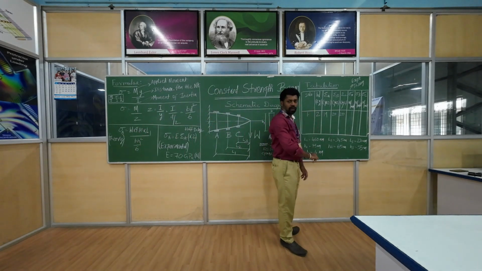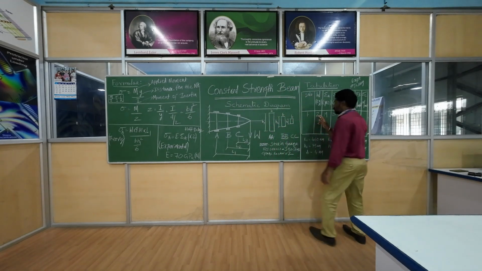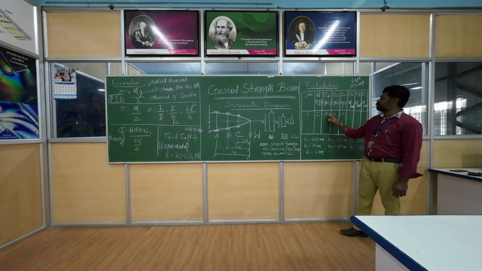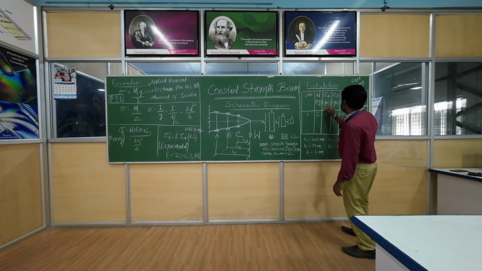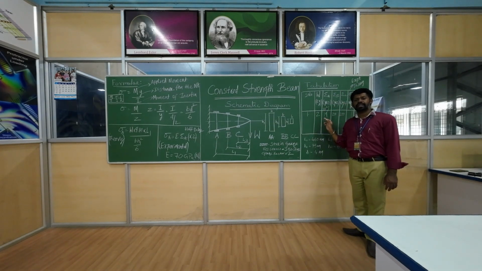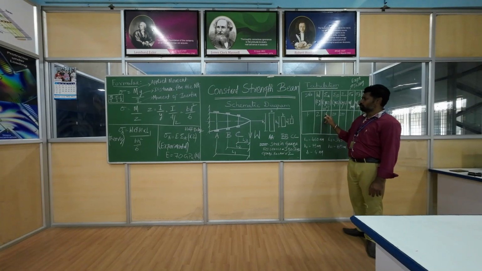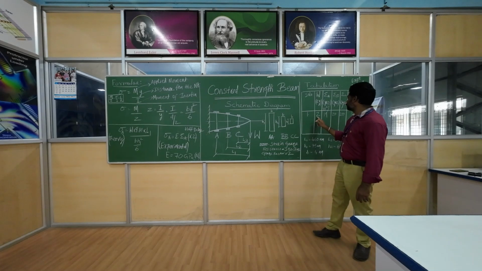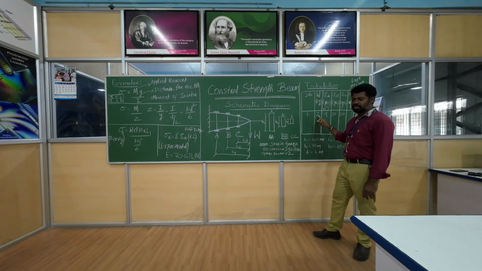For serial number 1, I am going to apply a weight of 2 kg. For the 2 kg, I get a strain of 19 microstrain. The micro stands for 10 power minus 6. This is the strain we read from the strain gauge indicator. From section A, I get a strain of 20 microstrain for 2 kg.